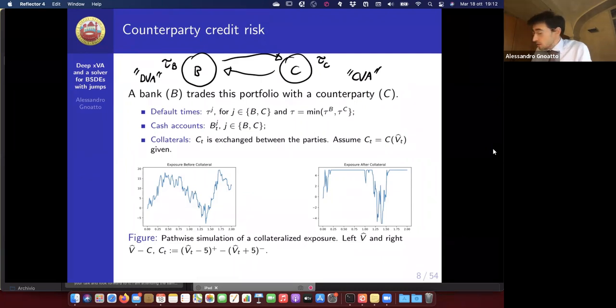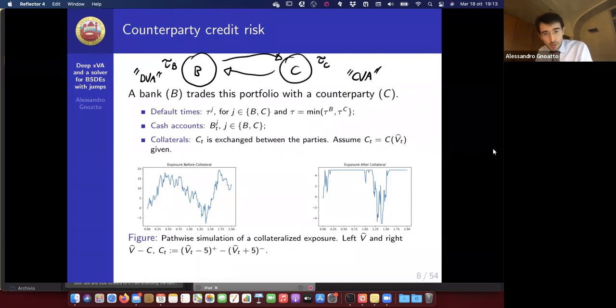In standard credit risk, you adjust the discount rate. In counterparty credit risk, you add and subtract things. These terms, CVA and DVA, are added and subtracted to the perfect risk-neutral price in order to compute the price that takes into account this friction, namely the possibility that both counterparties could default.